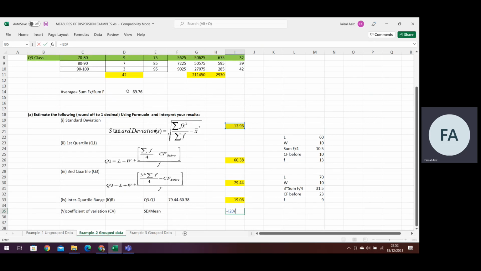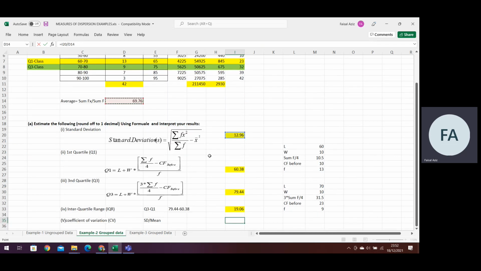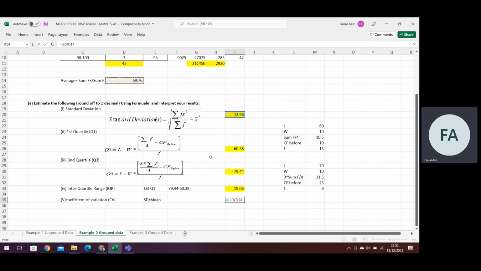Mean we have calculated at the bottom of this table, which is 69.76. So once you select this, click enter, and this will give you standard deviation divided by mean. Once you do this, this will give you the coefficient of variation.